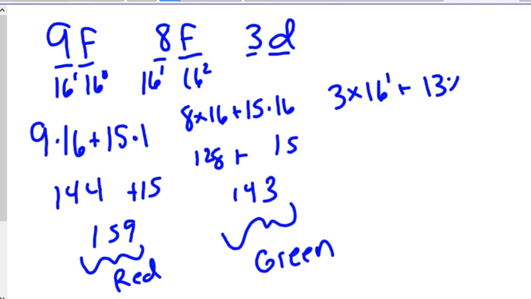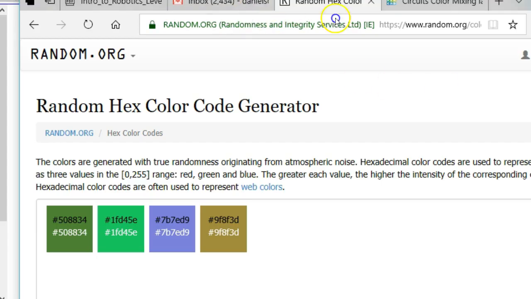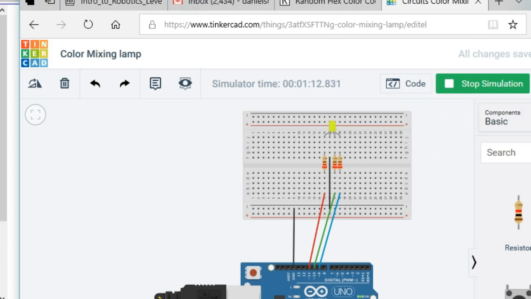I had to look that up because I wasn't paying attention. 13 times 16 to the 0. So 3 times 16 is 48, plus 13 is 61. If we program in 159, 143, and 61, we should be able to generate that color.